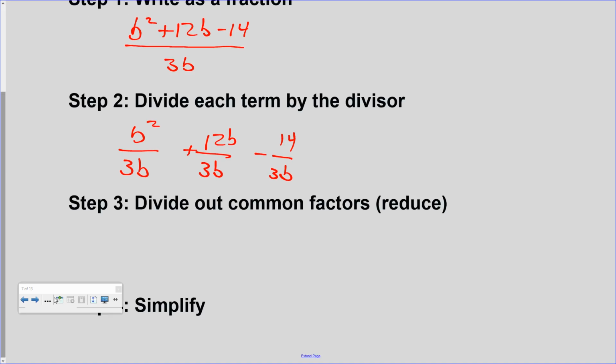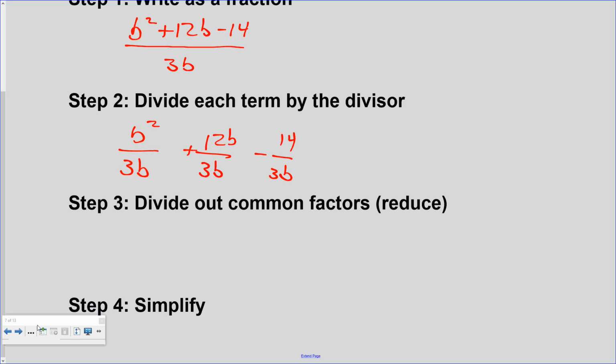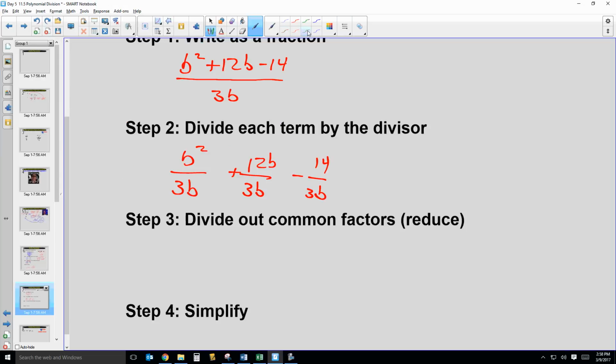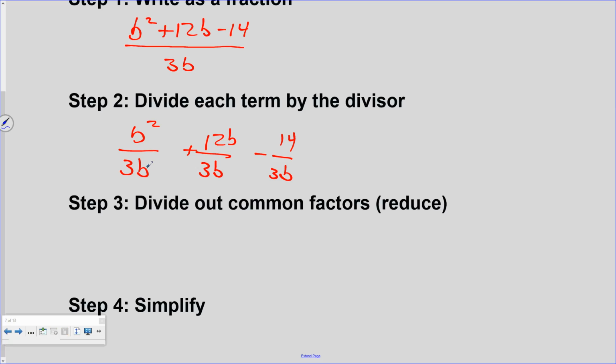Okay, so we're going to divide out common factors one at a time, looking for the things that are in both the numerator and the denominator. Let me change my color again. Okay, so I've got a b squared on top and a b in the bottom. Let me rewrite it and do it down here.